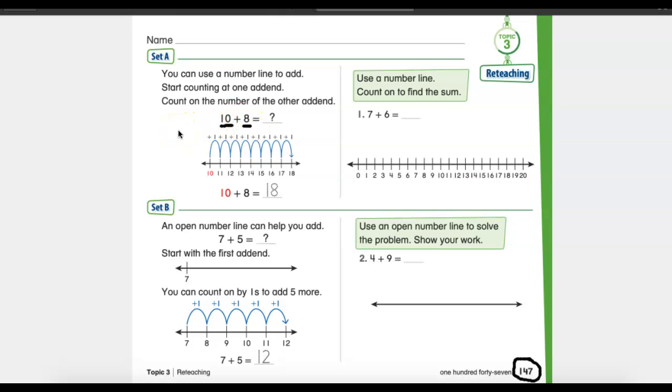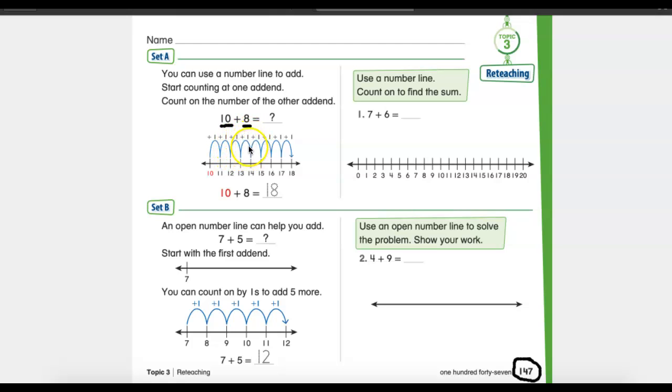Now if we're counting with a number line, we are going to start counting at one addend. So 10 comes first, so we are going to begin counting on our number line at the number 10. Then it tells us to count on the number of the other addend. Well, we're adding 8. So we are beginning our number line at 10, and then we are going to jump 8 places.